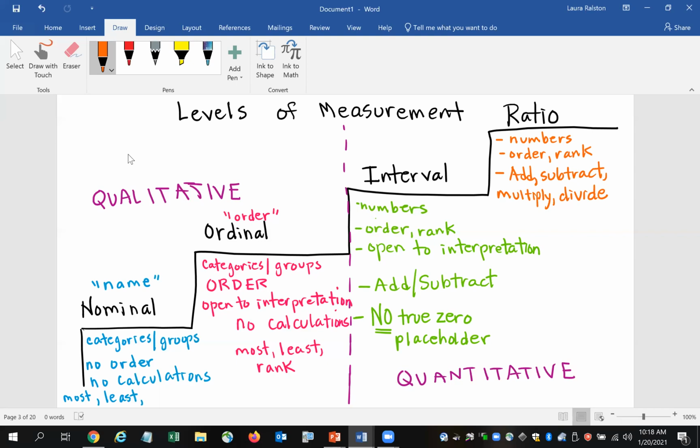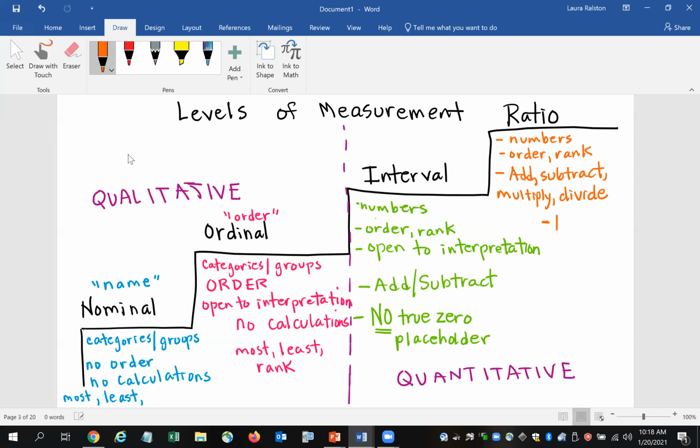So you can begin to make comparisons like ratios. Again, the idea of ratio is a comparison, so we can begin to think about it in terms of multiplication and division as well. Again, with that sense of ranking, we can begin to look at those relationships, and those relationships are a little bit more set in stone than usual.